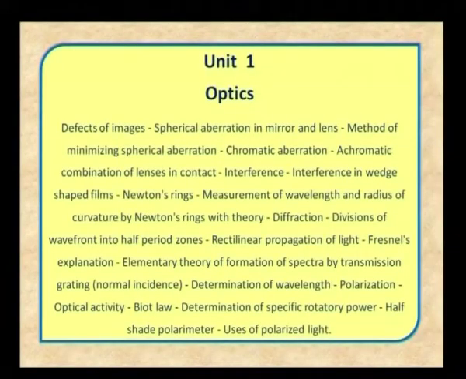Welcome to the UGC lecture series in applied electronics. We have been going through a set of lectures on optics, unit 1, and in today's lecture we will be covering a few things which we find in the last lines of the unit, such as the determination of specific rotatory power, half shade polarimeter, and uses of polarized light.